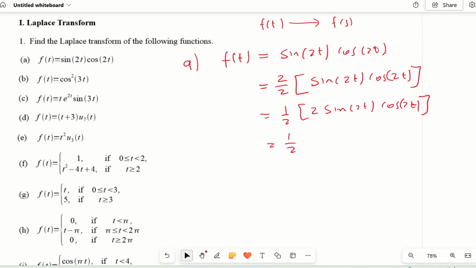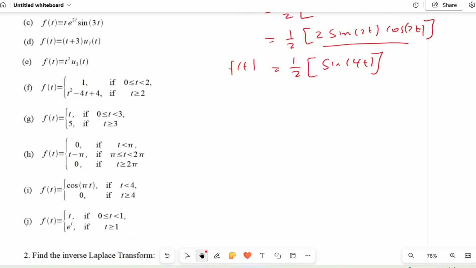And this is an identity of sine 4t. And this is still f of t, but we want f of s.